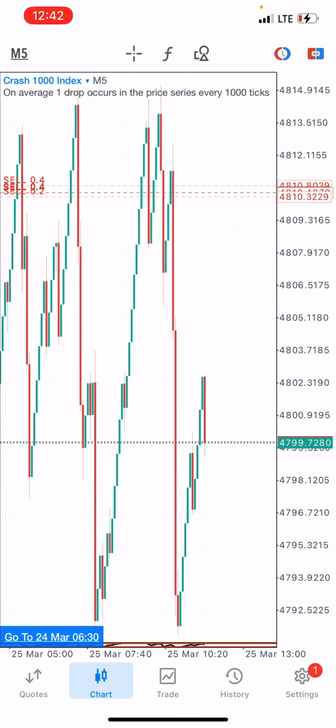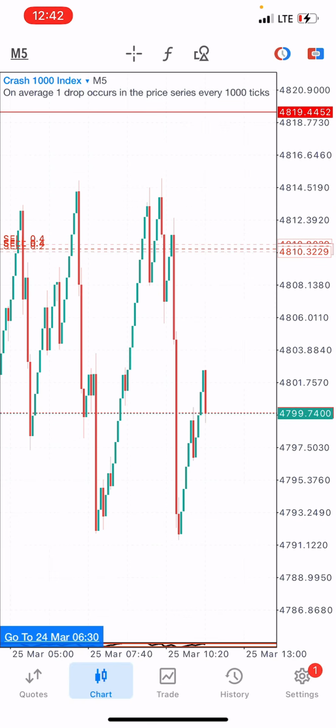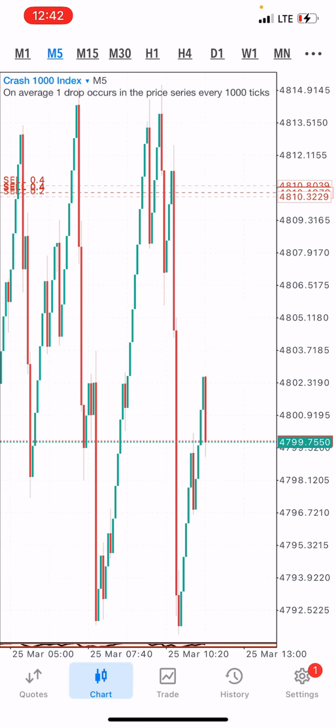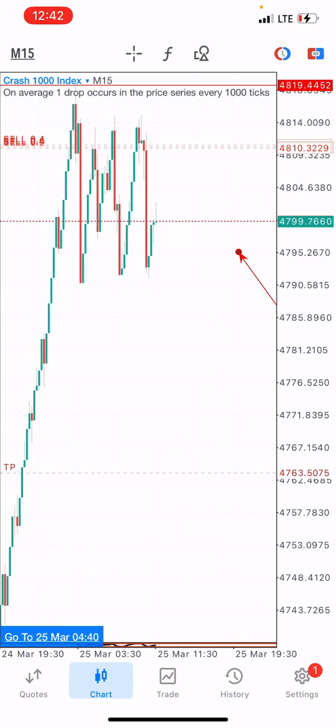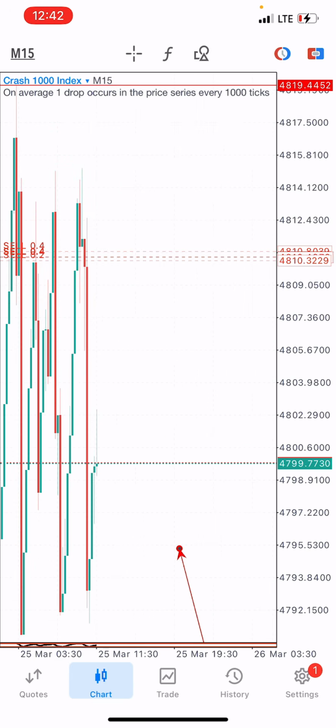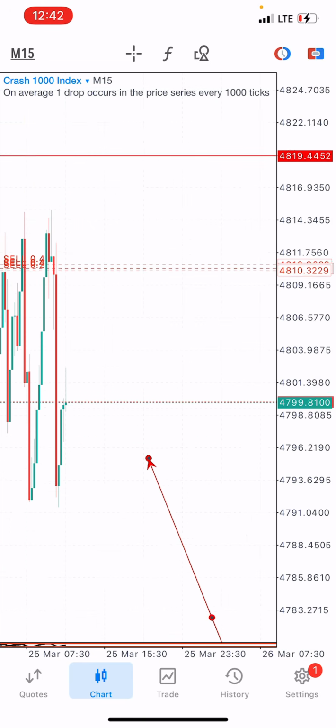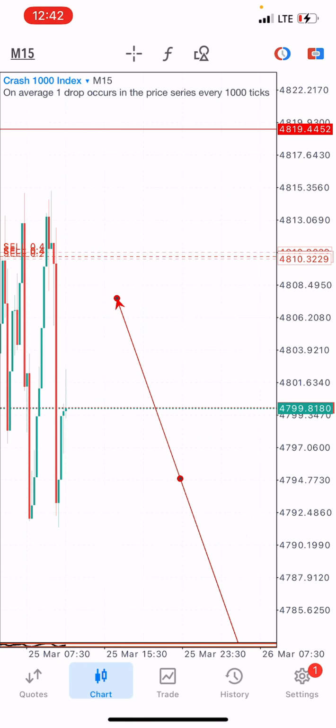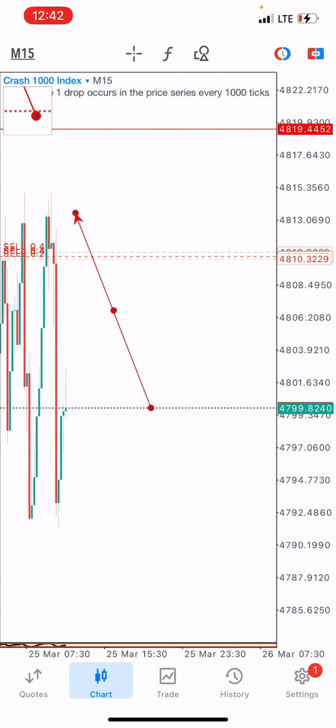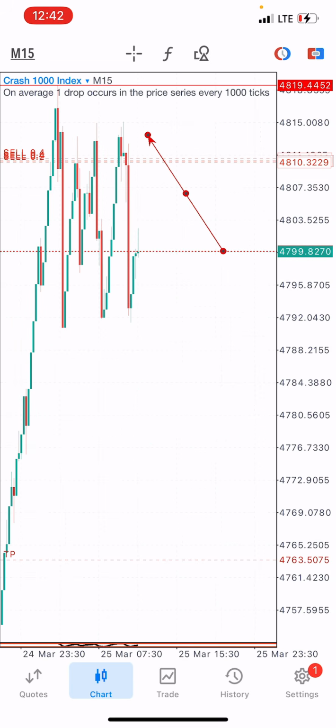You can see on Boom and Crash what the candlesticks look like. But if you check other assets, the candlesticks look a bit messy for you to really tell what is happening, because they don't have the same candlestick on the lower time frames like the 5 minutes and the 1 minute. So you can stay on the 15 or the 30 minutes time frame.